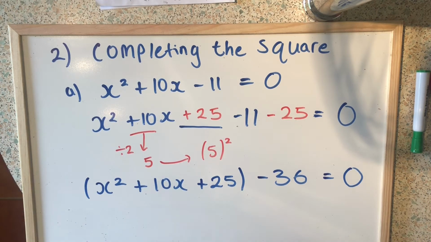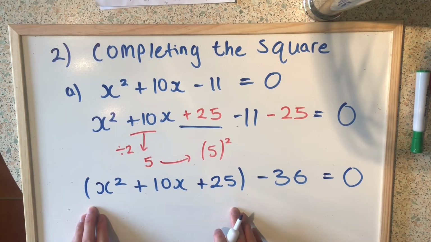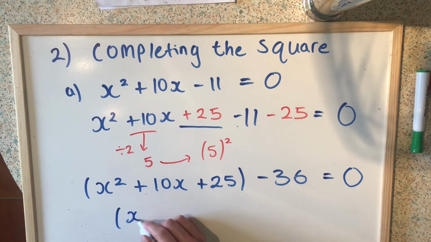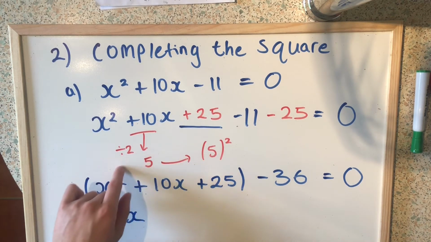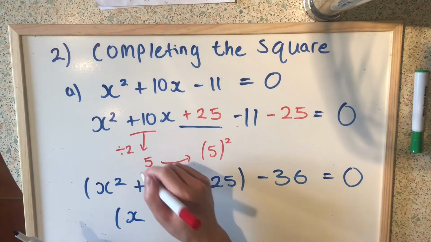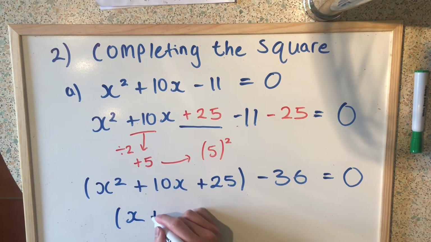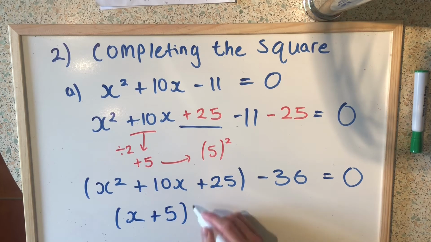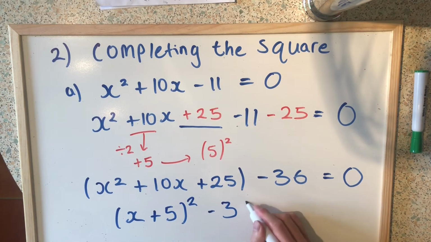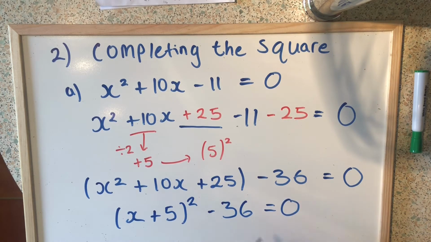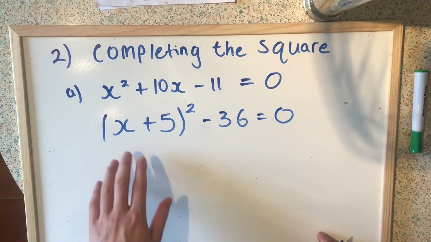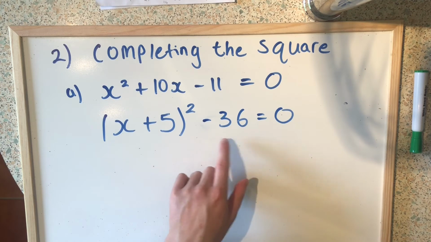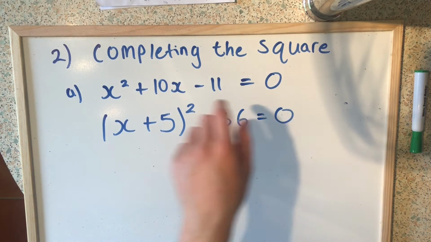Now we can factorize this into our perfect square, which we know is x plus this number there, which you've halved, a positive 5, squared, and that minus 36, and that's equal to 0. So we had x plus 5 squared minus 36 is equal to 0.